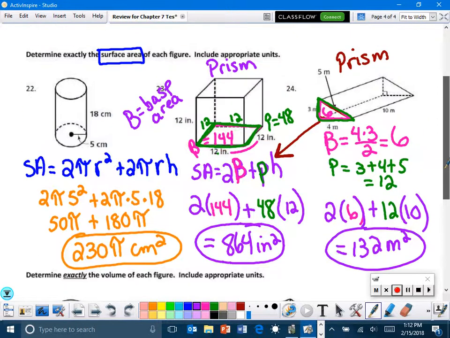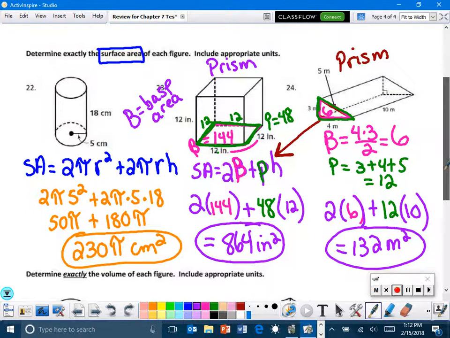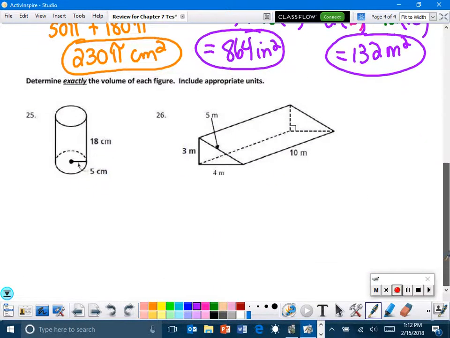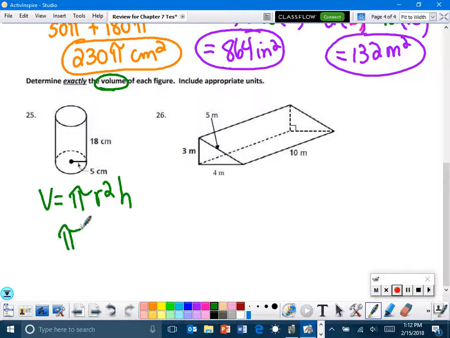All right, again, that's dealing with surface area. The next one is dealing with volume. Okay, volume. Now, we're back to a cylinder. The volume of a cylinder is pi times the radius squared times the height. Okay, can't get any easier than that. Okay, not a lot of explanation here. So we're going to take pi. Again, leave pi alone. Times the radius, which is 5, and we're going to square it, times the height, which is 18.